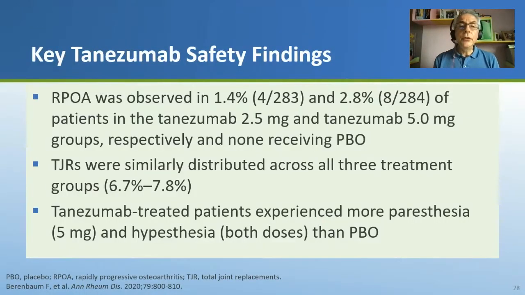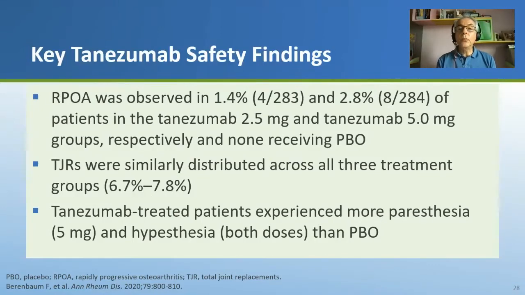So, as you know, or maybe you know, in the early clinical trials with intravenous tanezumab, there were cases of what we call RPOA, rapidly progressive osteoarthritis. And due to that, the FDA placed a partial clinical hold on studies in 2010 for that reason.